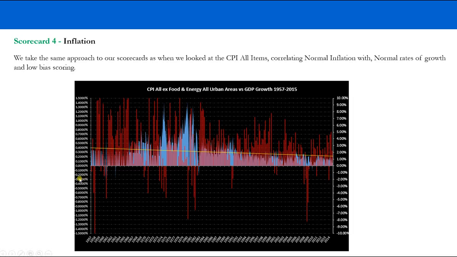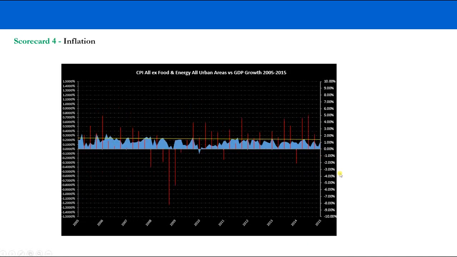So for example, minus 0.3% of CPI ex food and energy is equating to around minus 2% real GDP growth.